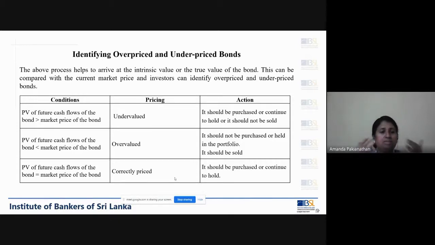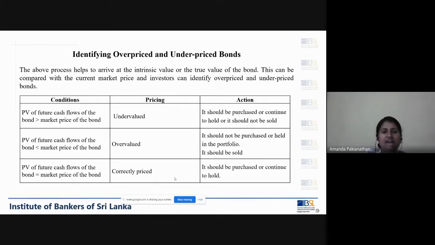Now think about the other scenario. The actual value of the bond is 958, but you can buy this bond in the market for 800 rupees or 850 rupees. Will you buy it?